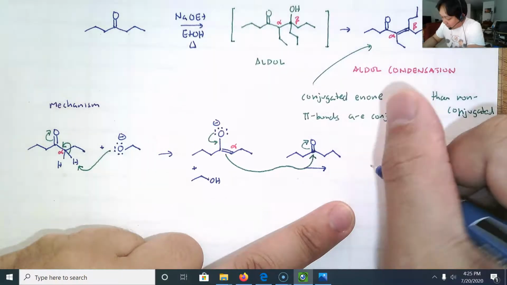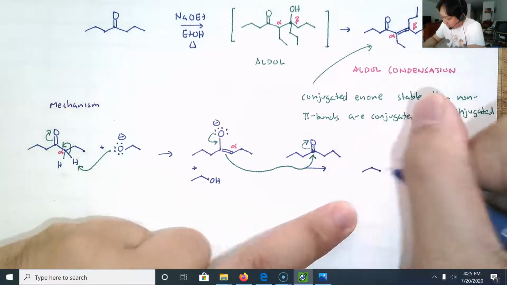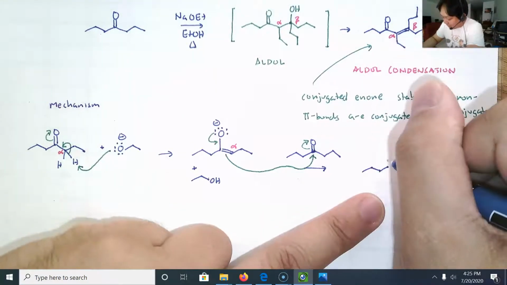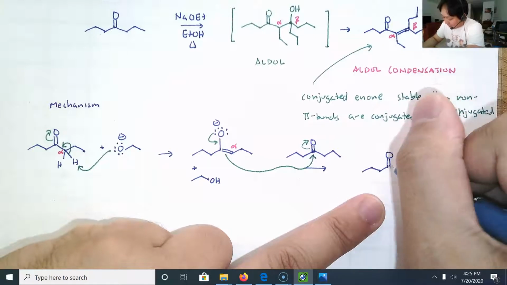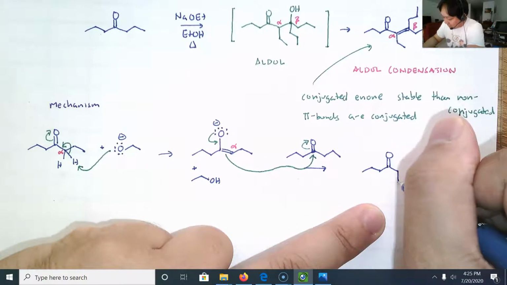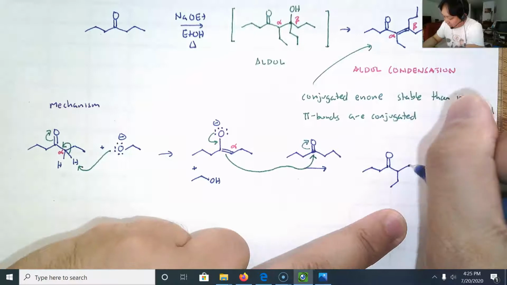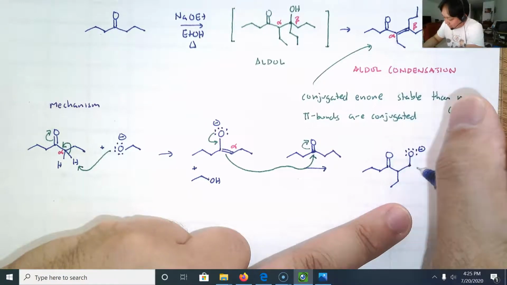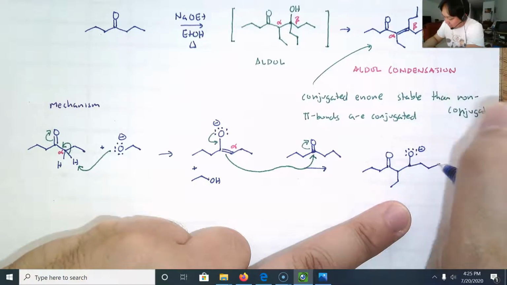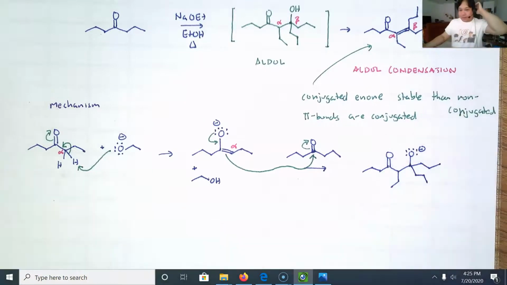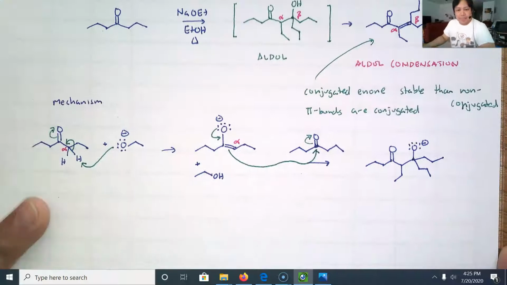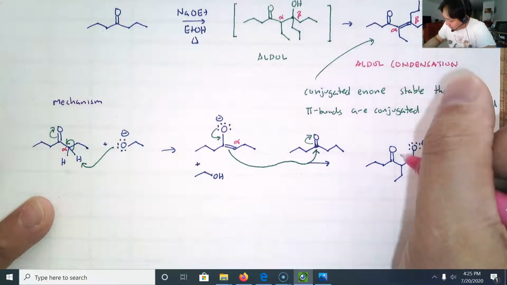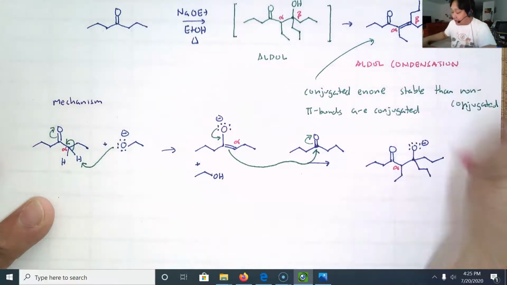Now, the way we draw this, I picked a pretty big molecule. It's not making it easy. We made this bond here. You have O minus. I picked a big molecule. That should be it, right? You made the bond between this alpha carbon and the carbonyl carbon.